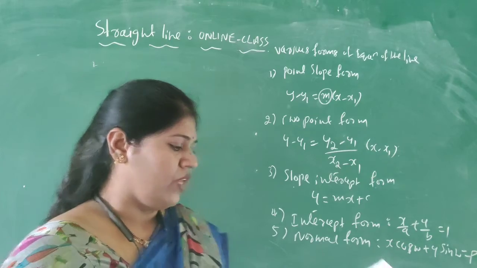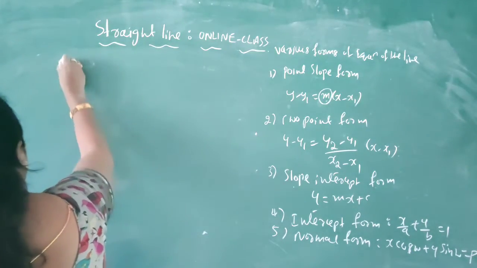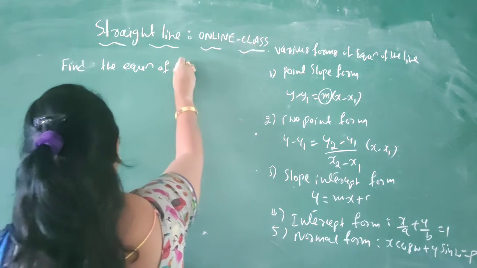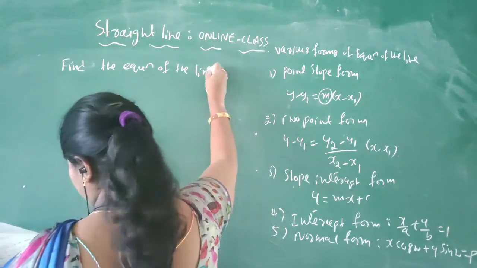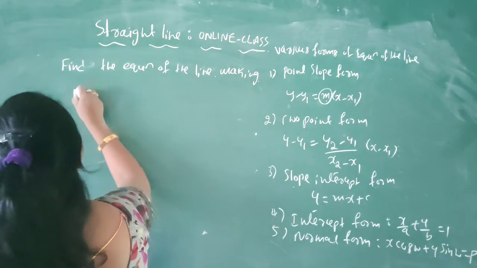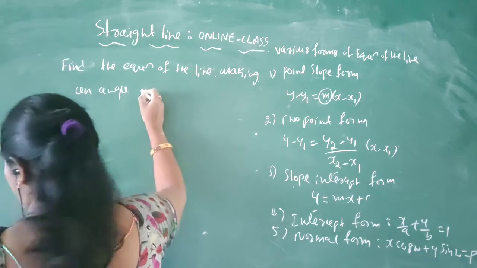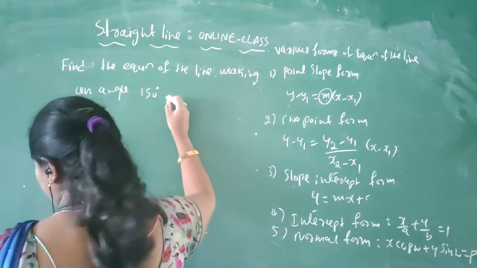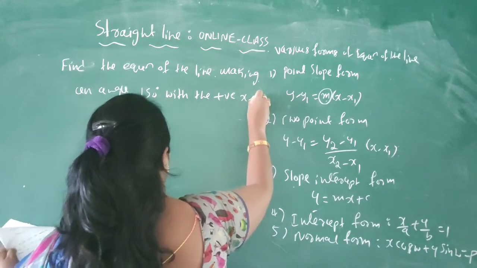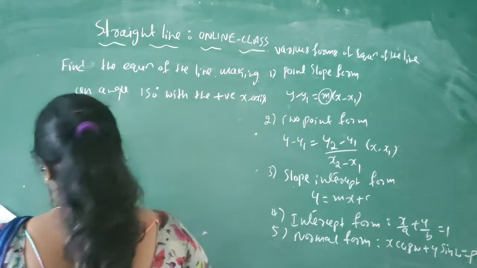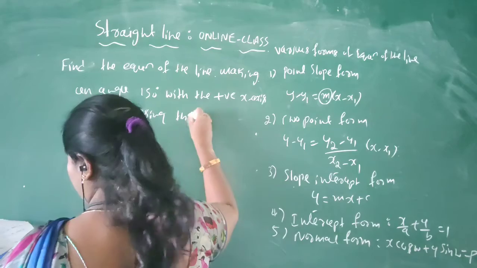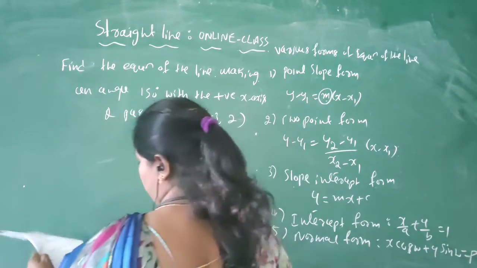The next question will be: find the equation of the line making an angle of 150 degrees with the positive x-axis, okay, and passing through (-3, 2), okay.